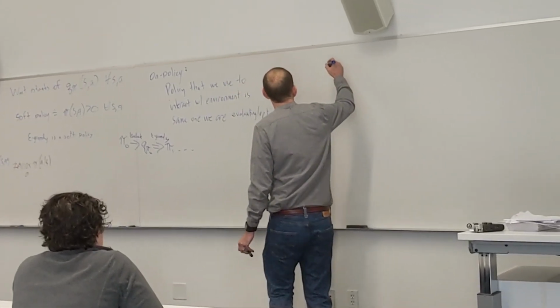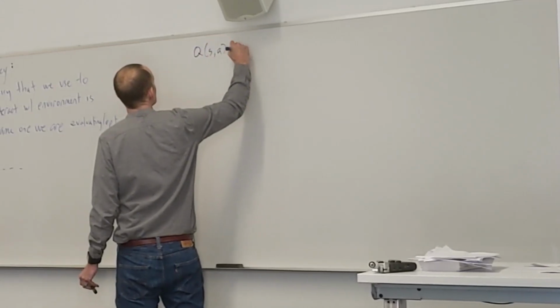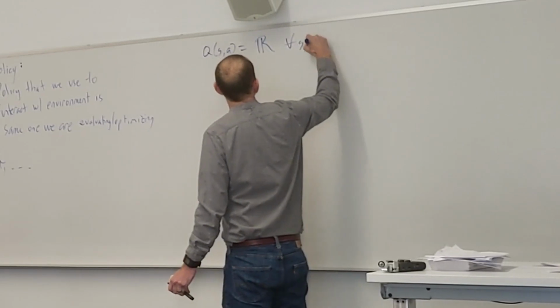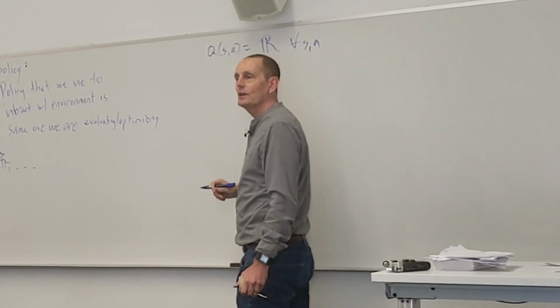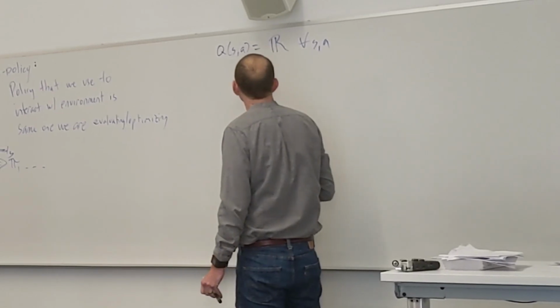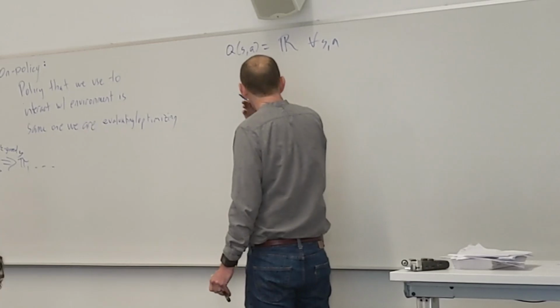Okay? So we want to have Q of SA equals some real for all SA. So that's our estimates. What else do we have?